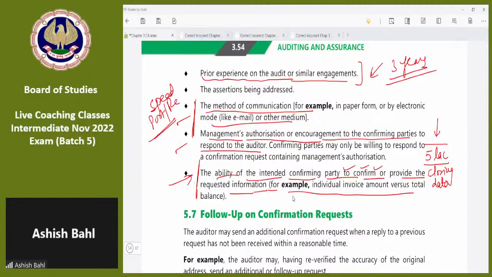Say if in the previous years almost all the debtors have responded to his requests, then in the next year also they have responded.